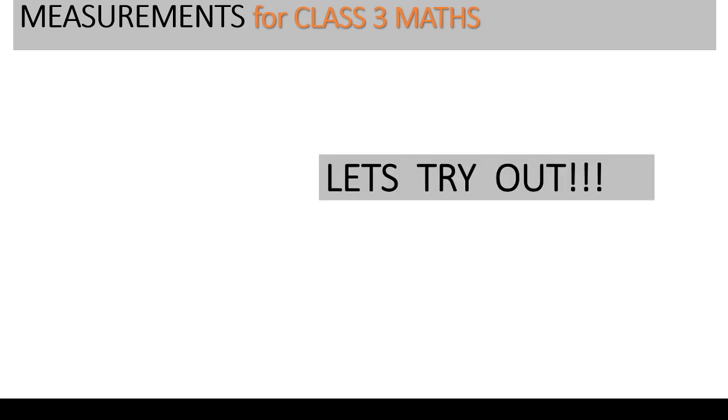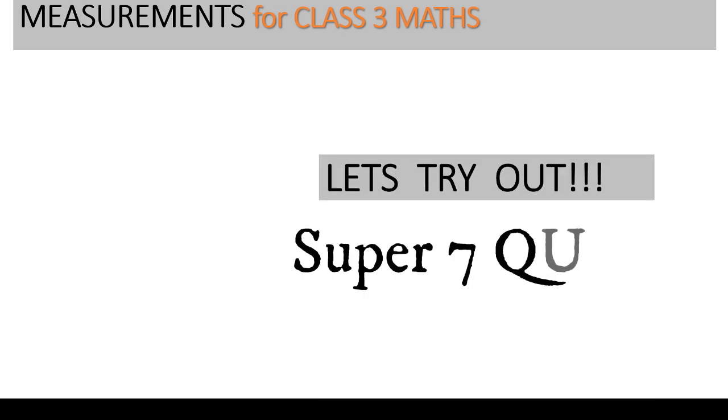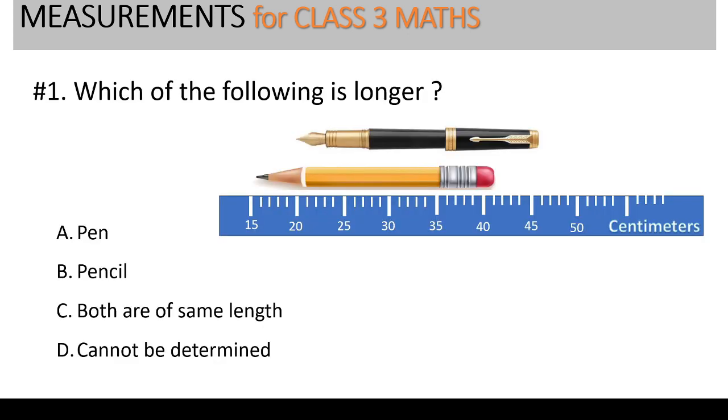So, let's try out these questions which test the concept of measurement. Here is the first question. Which of the following is longer, the pen or the pencil? Pause the video if you want to try it yourself. Well, the way to solve this is to measure the ending unit and the starting unit. So, here it is 41 and 16.